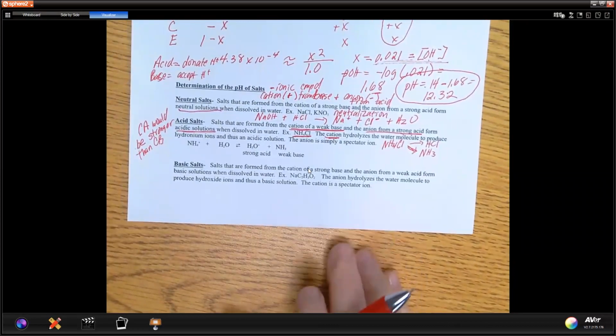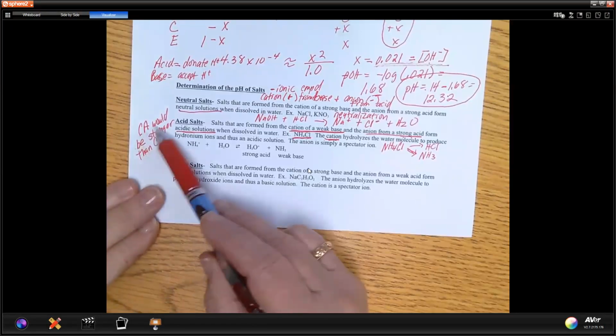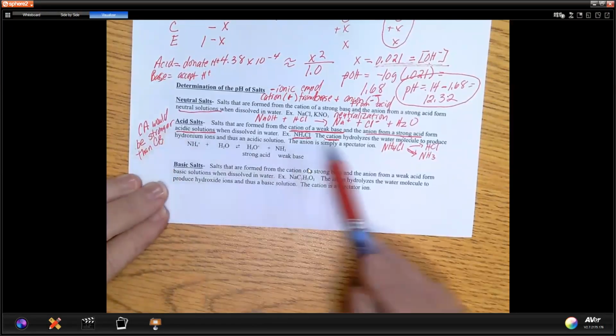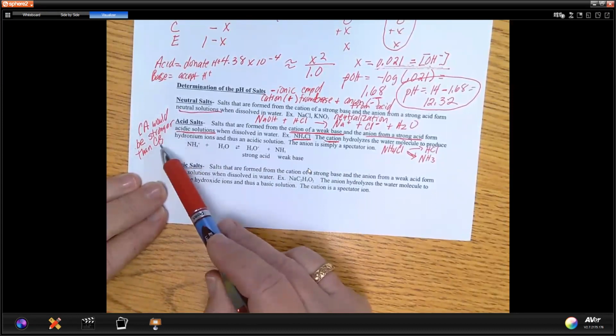If something is a stronger acid, it's more likely to donate a hydrogen. If it's a strong base, it's more likely to accept a hydrogen. So in this case, the conjugate acid formed from my ammonia, my weak base, is a stronger acid than the conjugate base.